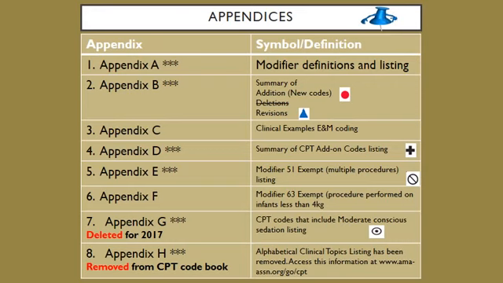Appendix A, these are your modifier definitions and listing. It's not anything like the inside cover of your CPT manual, which houses an abbreviated version of your modifiers. It is more extensive. It really defines what that modifier means.